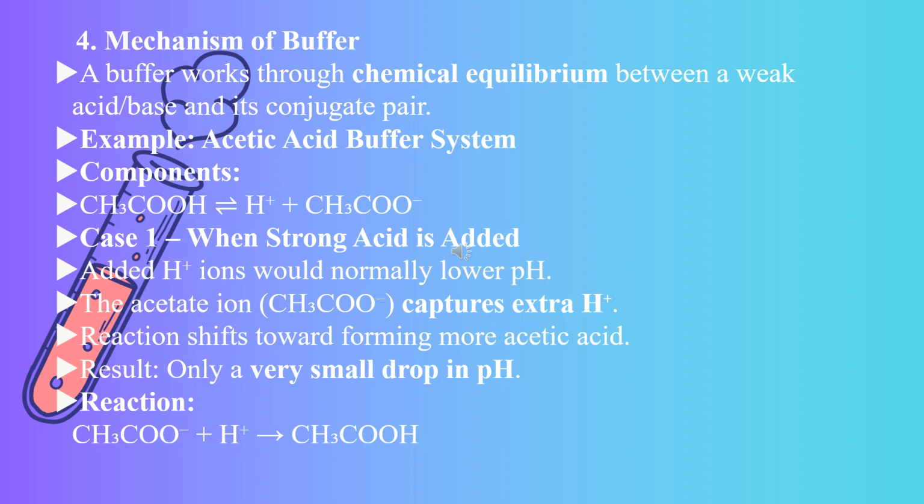At the same time, the acetate ion, present in the form of sodium acetate, will react with these extra protons and form acetic acid, and the pH will drop very little, because we know that acetic acid is a weak acid and a free proton is a very strong acid. So whenever a proton reacts with the acetate ion, it will form acetic acid and the pH drop will be very small.